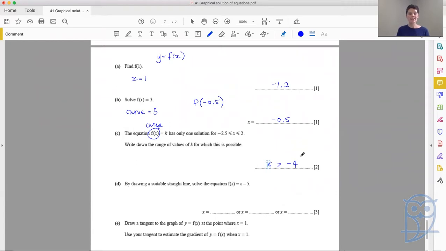The next one asks us, you see there's starting to be a pattern in here, by drawing a suitable straight line, solve the equation f(x) equals x minus 5. Well, f(x) here is our curve, so this is our line. We want y equals x minus 5. So the intercept is minus 5, the gradient is 1.